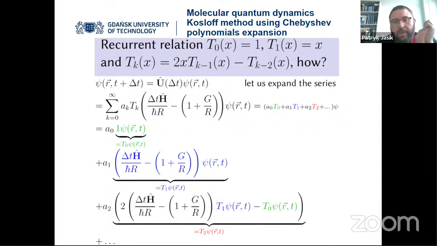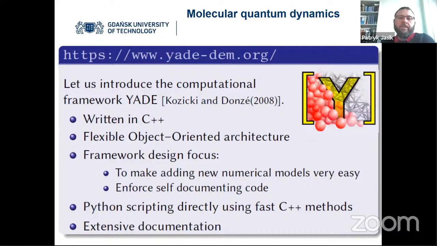Of course, you have to have enough computational resources, but it is a very high accuracy method, and that's why we used it. This method is a part of the JADE framework, which was created by Jan Kozicki, and I think very soon there will be another part of this framework connected with quantum dynamics.